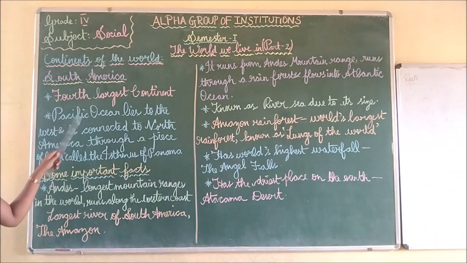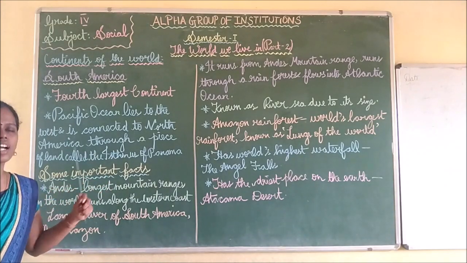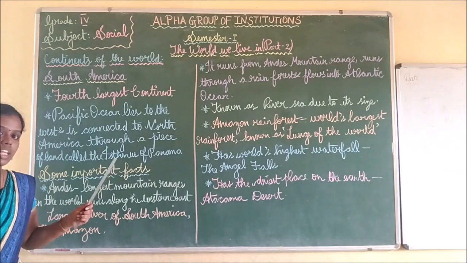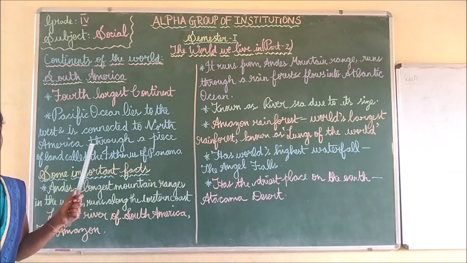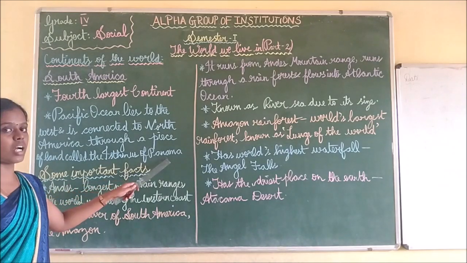We will see now. The Pacific Ocean is in the west, and it is connected to North America through a piece of land called the Isthmus of Panama. We saw how Asia and Africa are connected with the help of the Isthmus of Suez. Here, North America and South America are connected with a piece of land called the Isthmus of Panama.